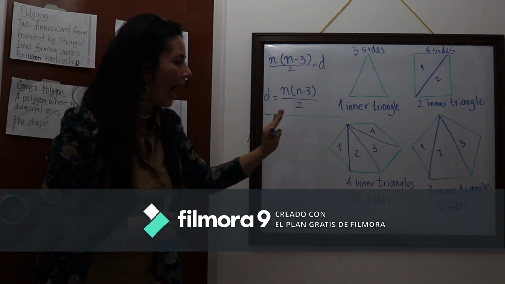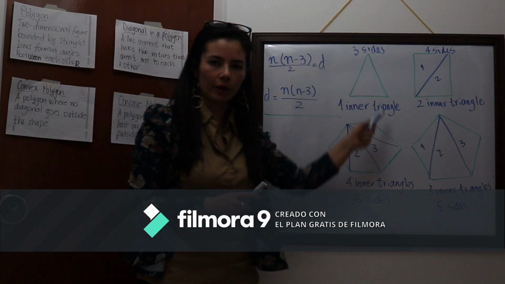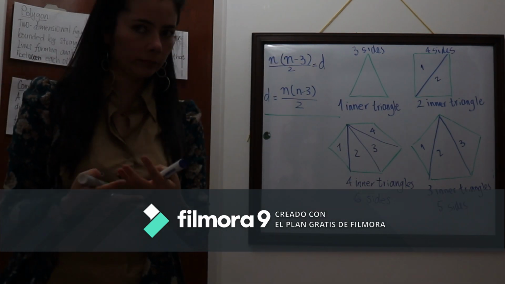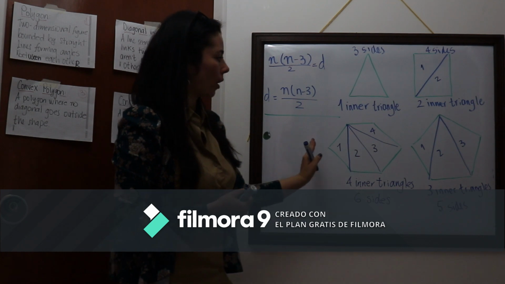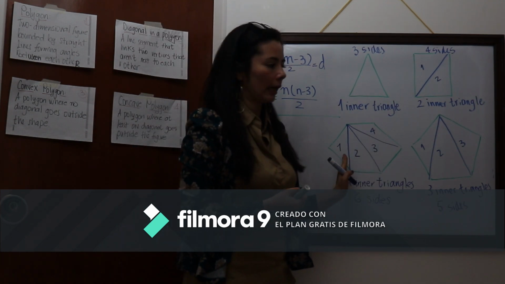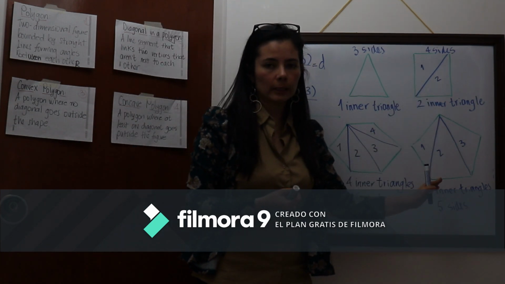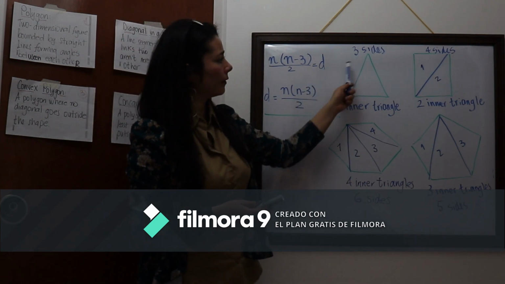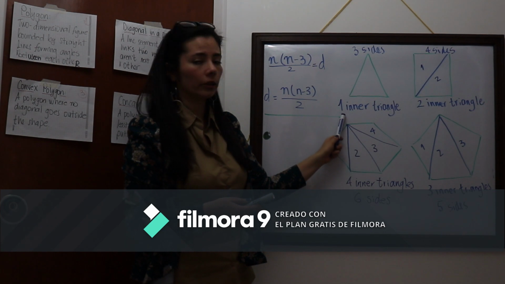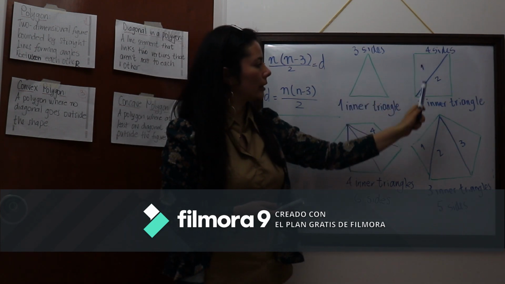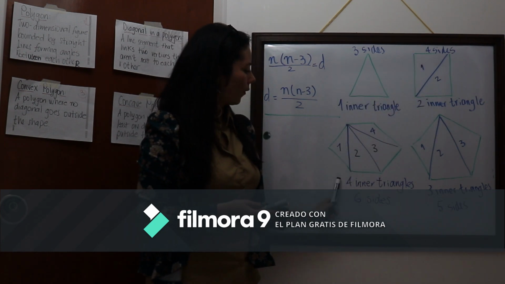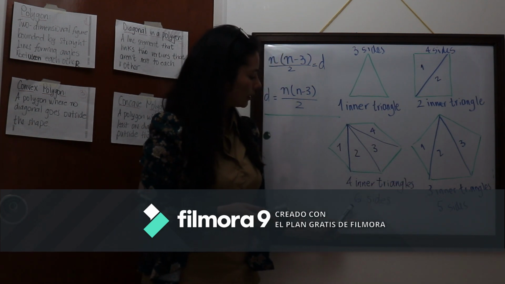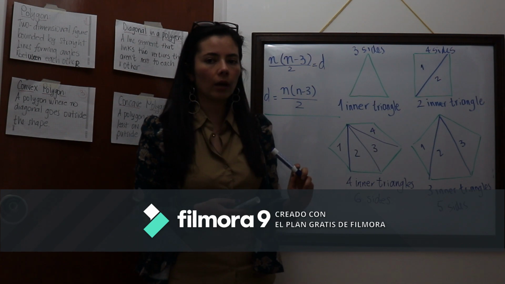But let's think about how we can actually find a pattern again to get the angle sum of a polygon. We already know it's a matter of knowing the amount of inner triangles we can get times 180, right? So we have 3 sides and only 1 inner triangle, 4 sides and 2, 5 sides and 3 inner triangles, and 6 sides and 4 inner triangles.